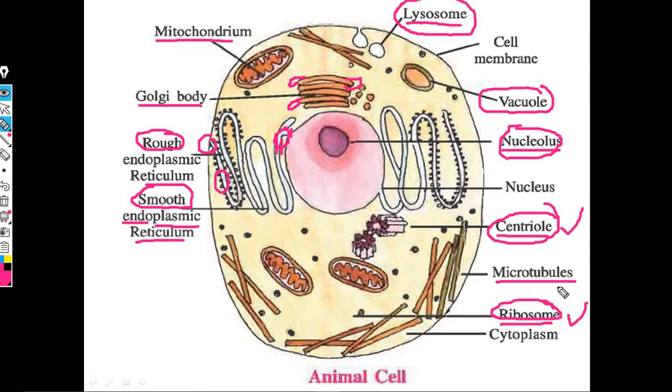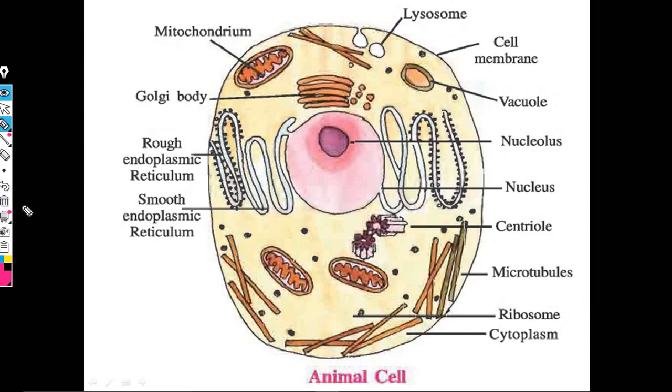For example, your body is supported by bones and cartilage, which you consider as a skeleton. Similarly, inside the cell, maintenance of shape and size is important, and this support is provided by three structures. One of them is the microtubule. Cytoplasm we already learned. So with this, we have almost understood all the structures in the animal cell. I hope it is clear.